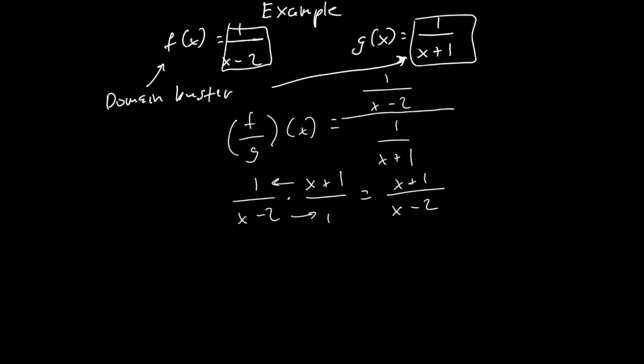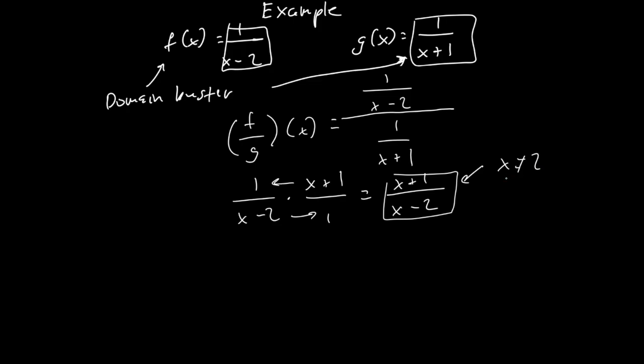Now here, this is our final answer, but if you look at the domain, we actually see that it looks like there are fewer domain busters because x plus 1 is no longer in the denominator. So this function alone would just have x cannot equal 2 as a domain buster.